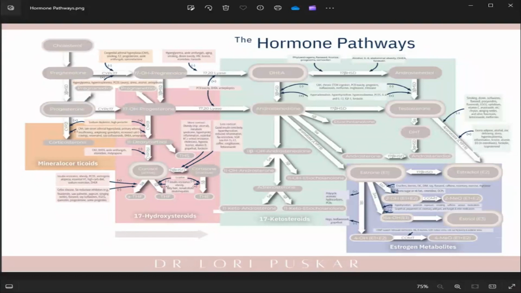And again, everything above it or to the left of it or to the right of it. So the more stressed out you are, the more cortisol you produce, the more you shut down this entire chart. So stress is one of the key things that we need to take a look at.